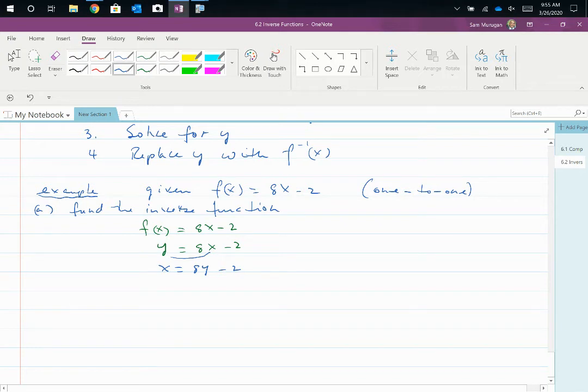Next, we solve this for y. So we get 8y is equal to x plus 2. So y is equal to x plus 2 over 8. Then we tack in the function notation.